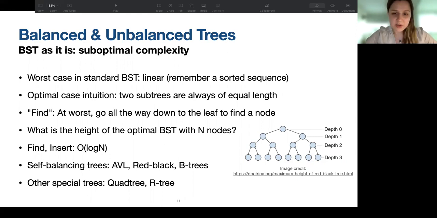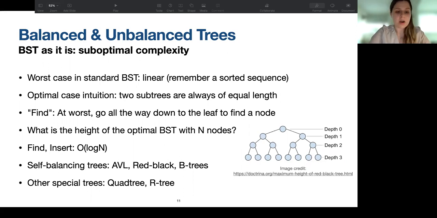So finally, I just wanted to give a few pointers to other special kinds of trees. I will not talk about those in detail because we need to move on and talk about graphs, but it's just for the curious ones. A quad tree is a tree where each node has exactly 4 children, and it's used quite a lot in spatial indexing and maps.